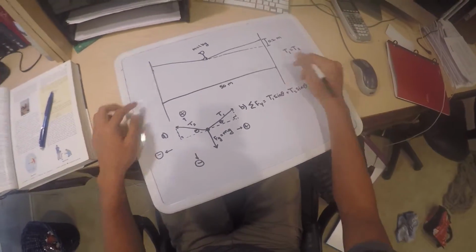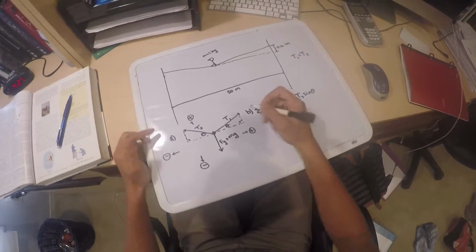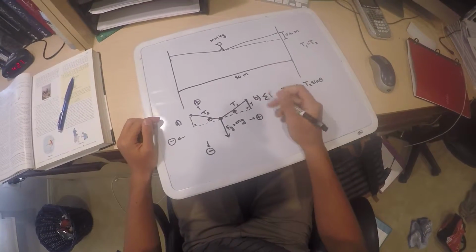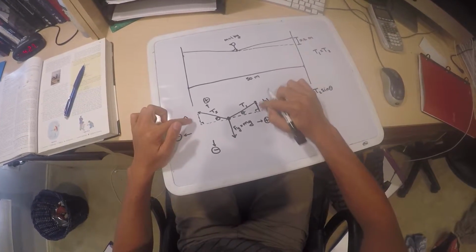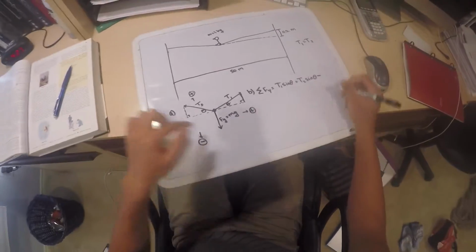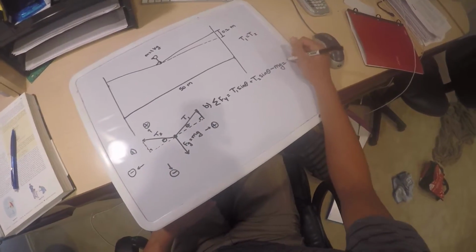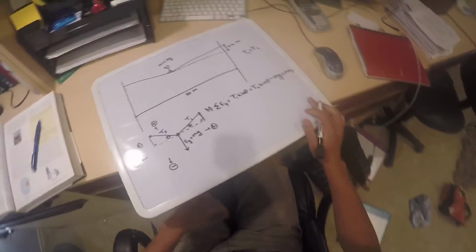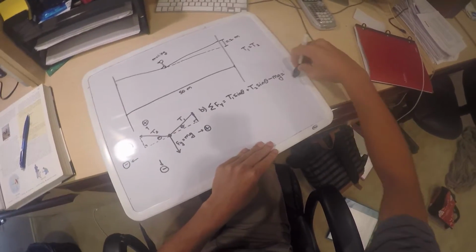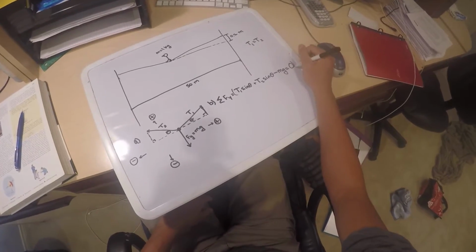And theta is the same because since he lands in the middle, the wires are sagged at exactly the same point. So this y component is T1 sine theta, and the same goes for this T2 sine theta. And that's going to be minus the force of gravity, which is mg, and that's going to equal mass times the acceleration in the y direction. But this bird is staying still, so acceleration in the y direction is 0, and we can erase that and make it 0. And then that's all going to be in newtons.